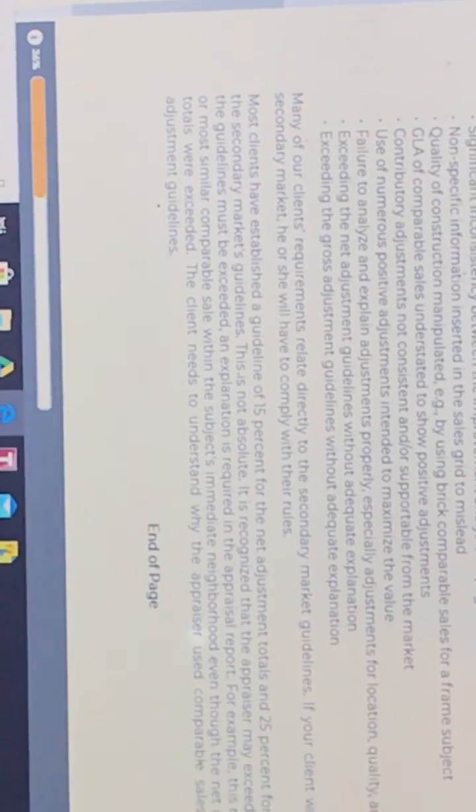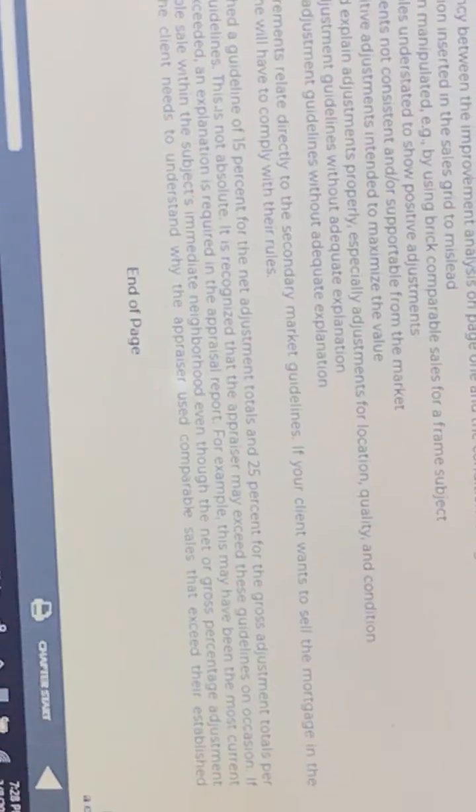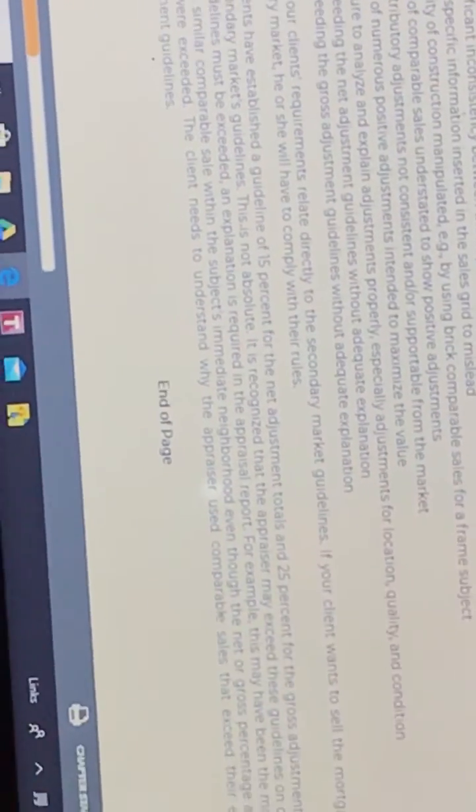The client needs to understand why the appraiser used comparable sales that exceeded their established adjustment guidelines. End of page.